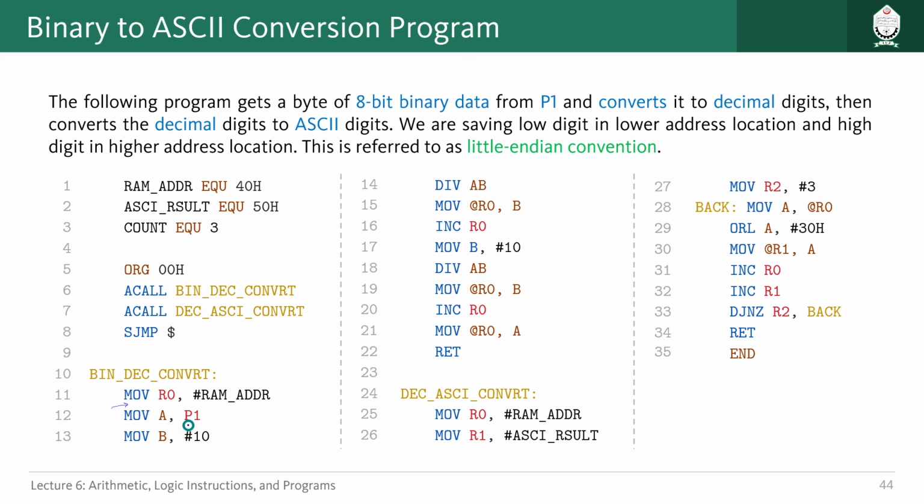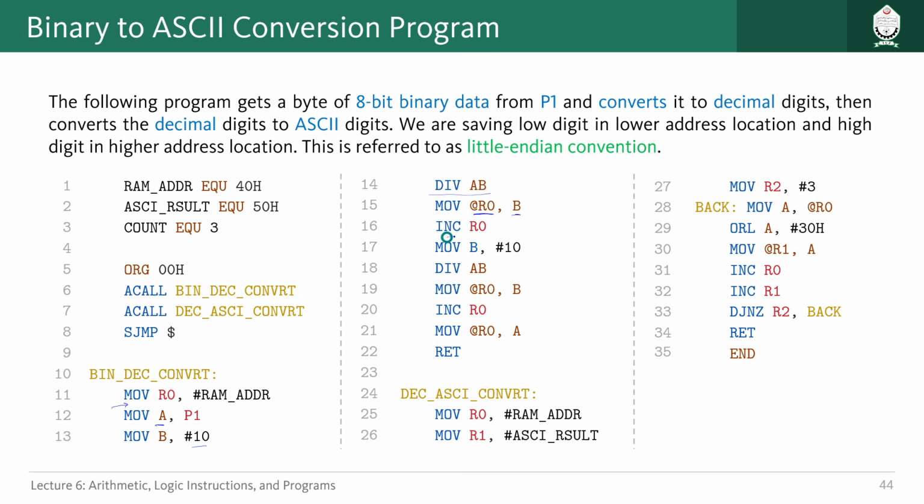Then after reading from port 1, currently register A has a value whose range can be 0 to 255 in decimal, and that value has to be divided by 10. That's why we have this instruction. Then we are going to store the remainder in the first RAM location, which is 40H.